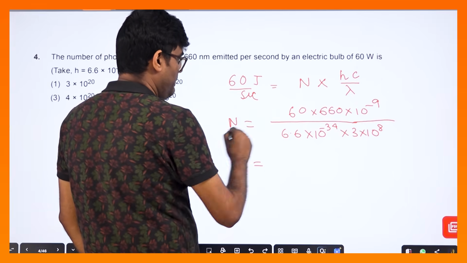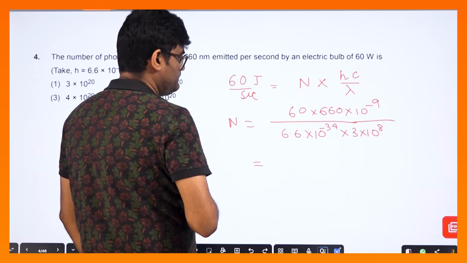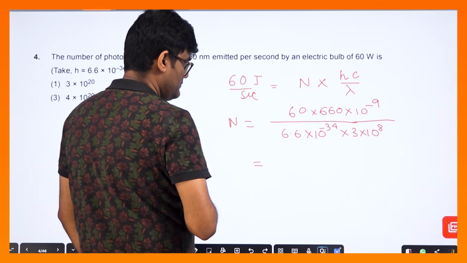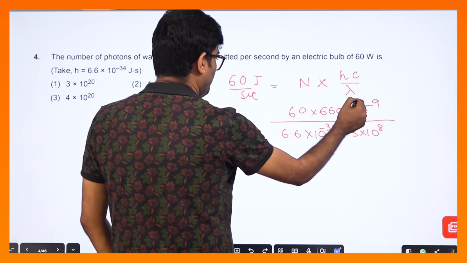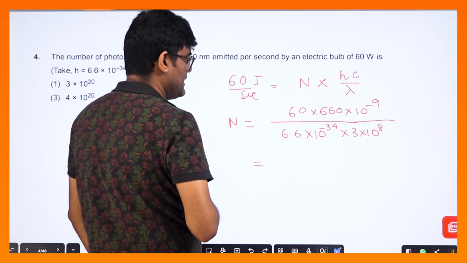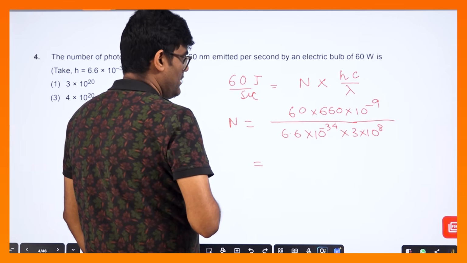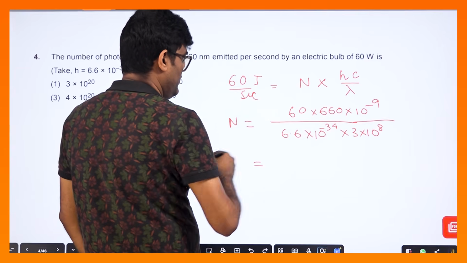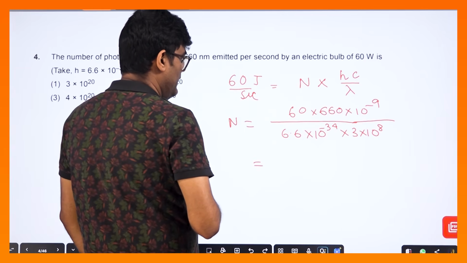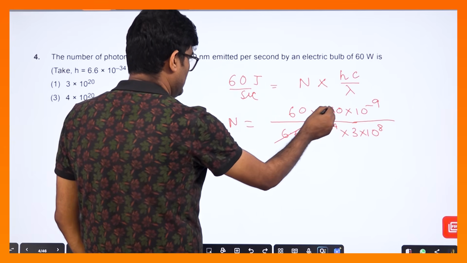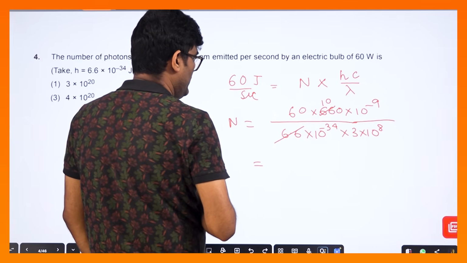And if it is 10 power minus 34 and 10 plus 8, it is 10 power minus 26, and if I bring it upward, then 10 power plus 26 and minus 9, so it is 10 power 17, and this is another 10, so 10 power 20, and this is 2.